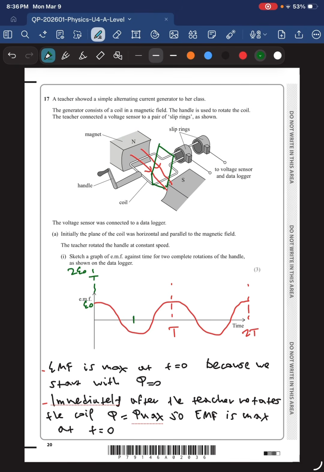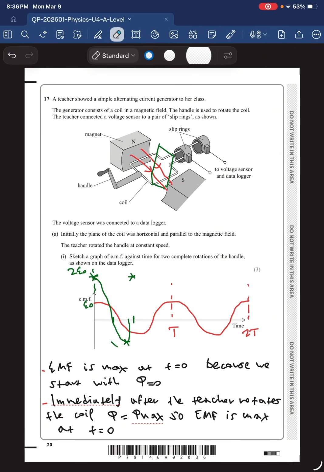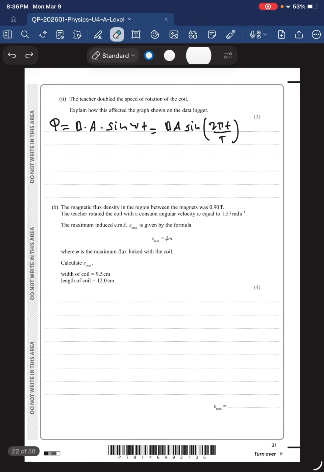Okay, let me think. So it will be a maximum there and there. So it will be something like this. Anyway, for some reason I can't draw right now, but you get the idea. It's going to be faster and stronger.